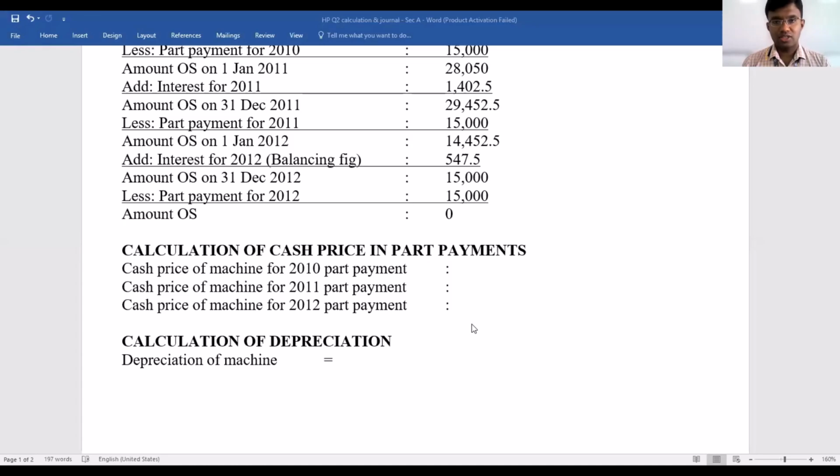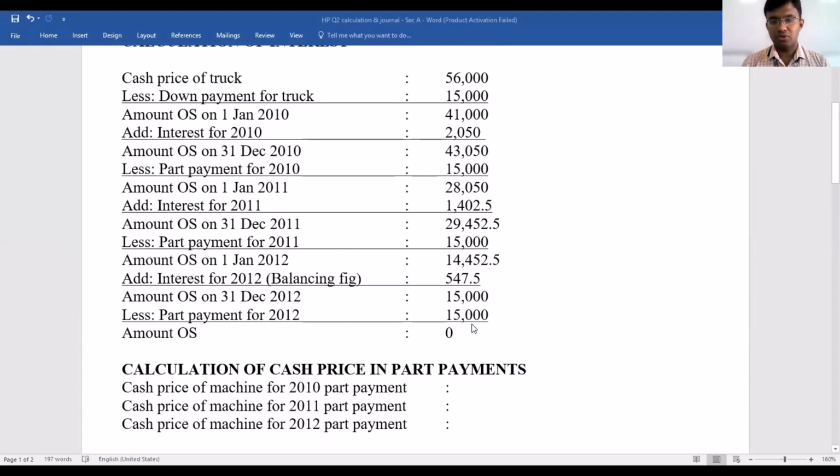The next calculation that we would be carrying out is the computation of the cash price in each of these part payments. What happens is, in the part payment of 15,000, a certain portion of the money is going towards the cash price, and a certain portion is going towards the interest. Now we need to know this breakup, so that's the reason why we are doing this calculation.